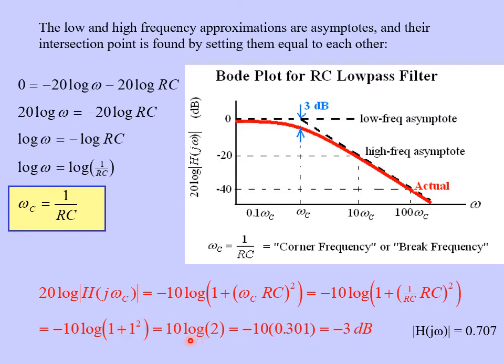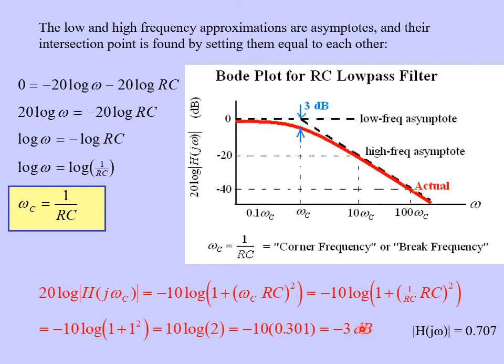And so we have 10 times the log, oops, I forgot a minus sign there. There should be a negative sign here. So we have minus 10 times the log of 2. On your calculator, the log of 2 is 0.301, times negative 10 is -3 decibels.